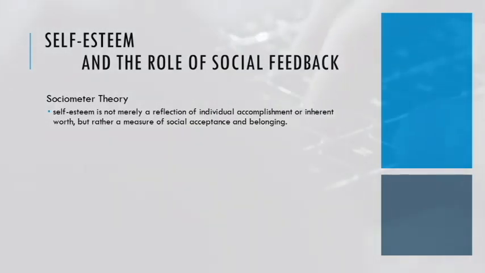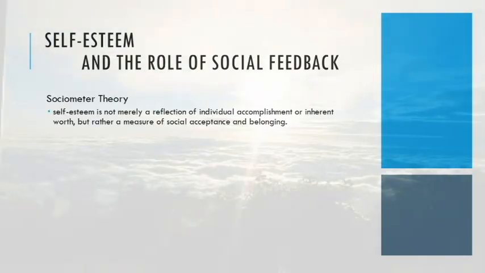And there are two types of social comparisons. There's upward social comparison, which occurs when an individual compares themselves to others who are perceived as superior or more accomplished in certain areas. And while upward comparisons can inspire improvement, they may also lead to feelings of inadequacy or decreased self-esteem if the gap between the individual and the comparison target feels too wide.